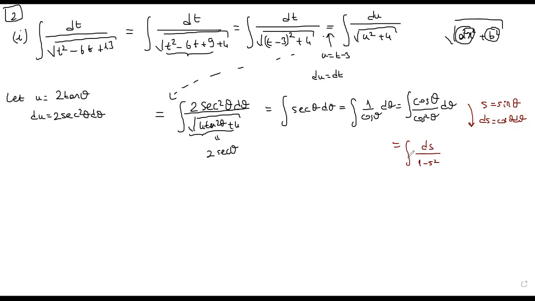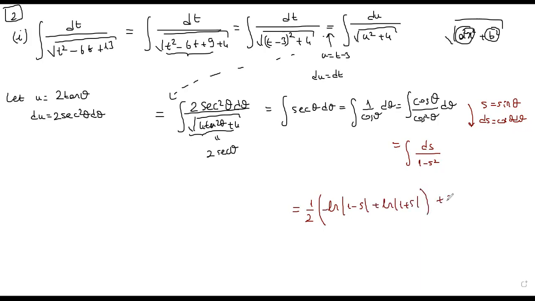Okay, and as we did before, we have now again 1 over 1 minus s squared. We know how to write it by partial fraction decomposition. So in the end, we will have, I don't know, ln of 1 minus s, minus ln of 1 minus s, plus ln of 1 plus s, right?